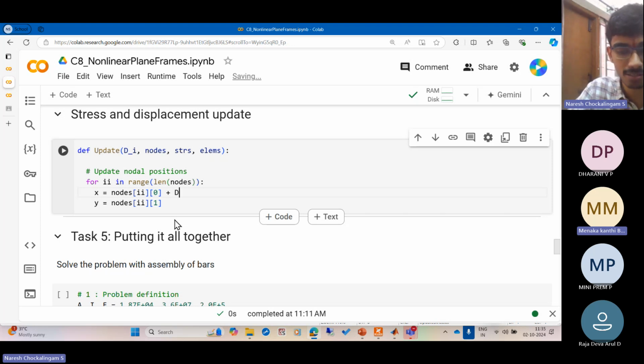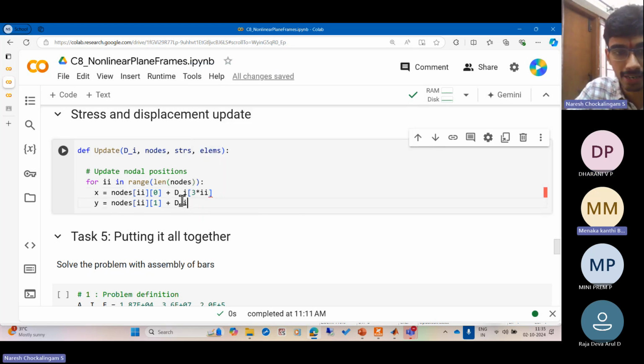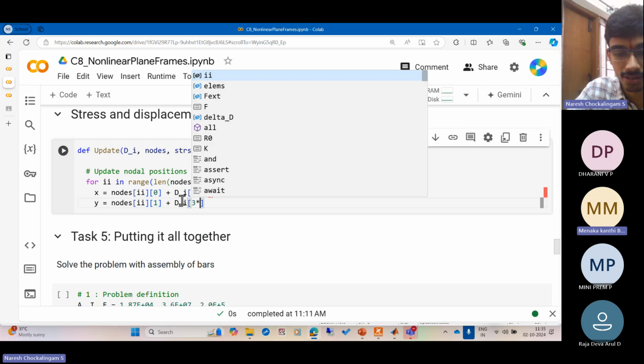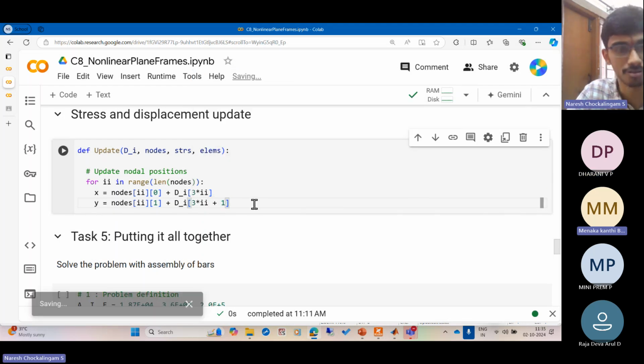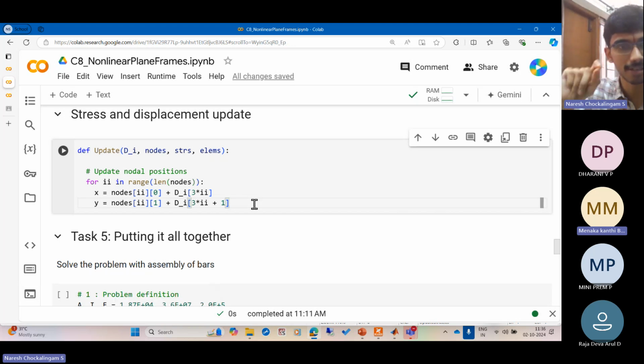So it is x plus di of 3 star ii, and here it will be y plus di of 3 star ii plus 1. Good. This gives us the updated nodal positions, so that as the geometry is changing, we'll also track the changes in nodal positions. That's good.